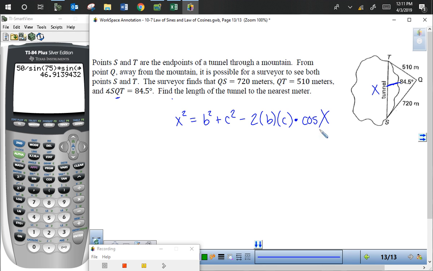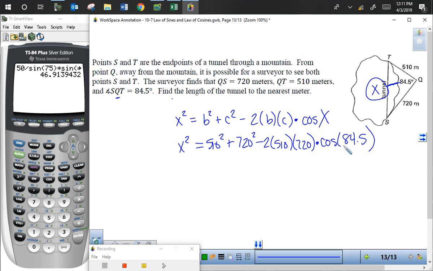All right, in our pair for law of cosines, sides always comes first. Our side is x, so this stays x squared. Then we've got 510 squared plus 720 squared minus 2 times those numbers again. And our angle is 84.5.